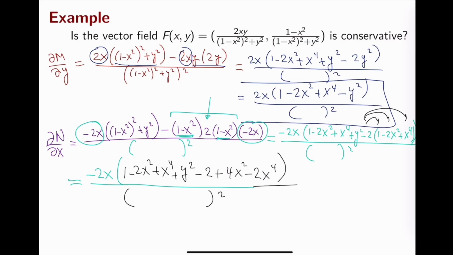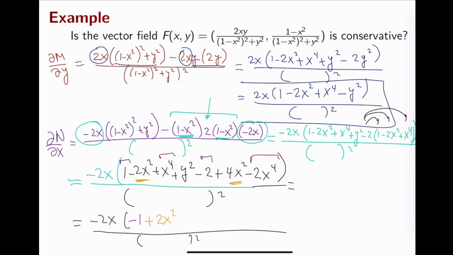And divided by this square. So let's start putting together common terms. In numbers we have 1 minus 2, that is minus 1. For x squared we have this and this. 4x squared minus 2x squared is plus 2x squared. For x to the 4 we have this one and this one. That will be minus x to the 4. And the remaining is just y squared here, and that's it.